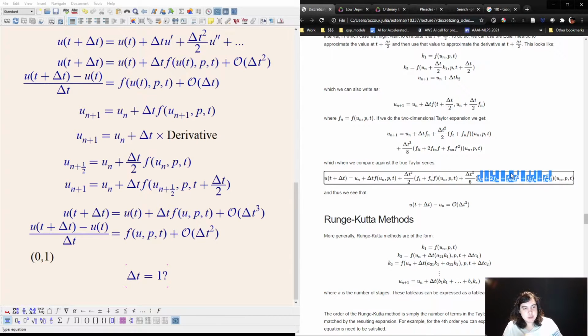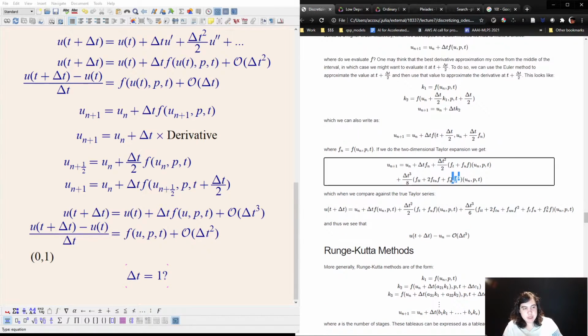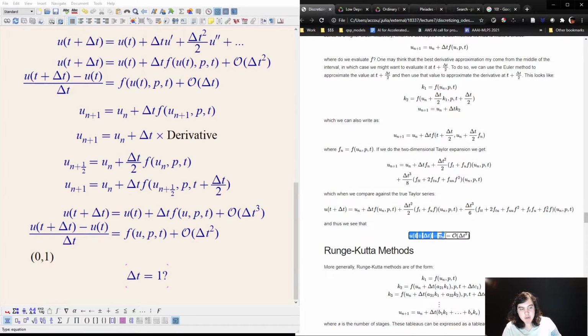So let's look at the second order method, right? The second order method, its error, throwing off the fourth order terms because those terms are going to be smaller, approximately. The error of our second order method is equal to the values of the third order, right? The values left over, the values that you got wrong. If we want to understand the error in our equation, it's not just O of delta t, right?